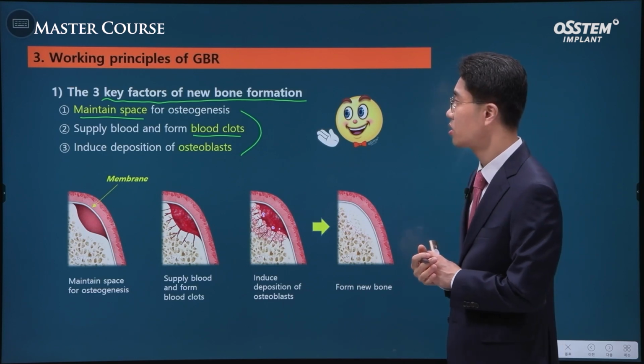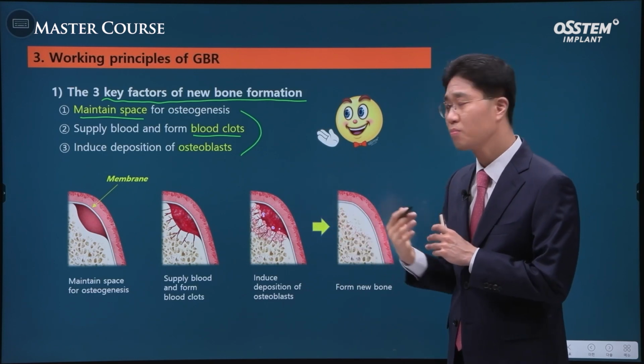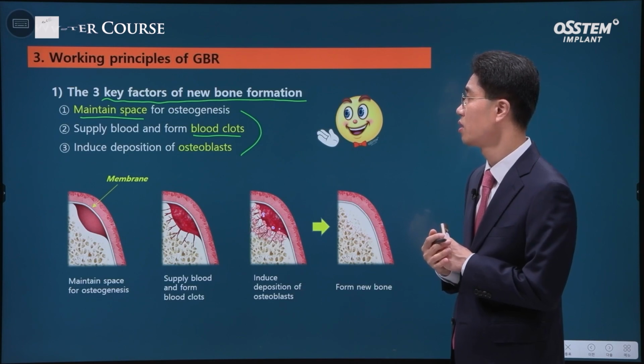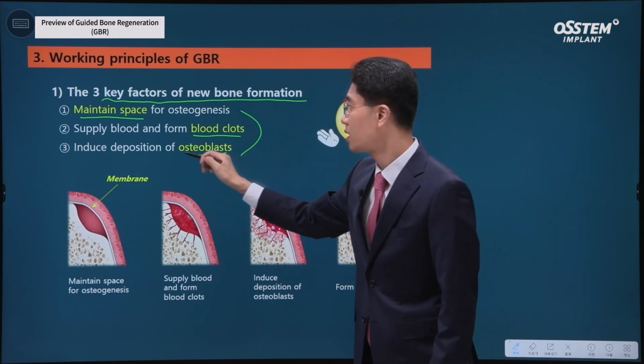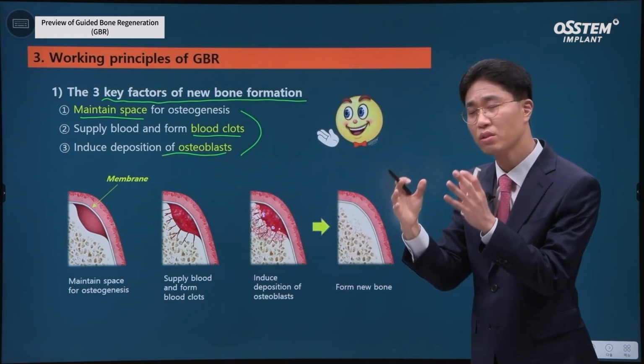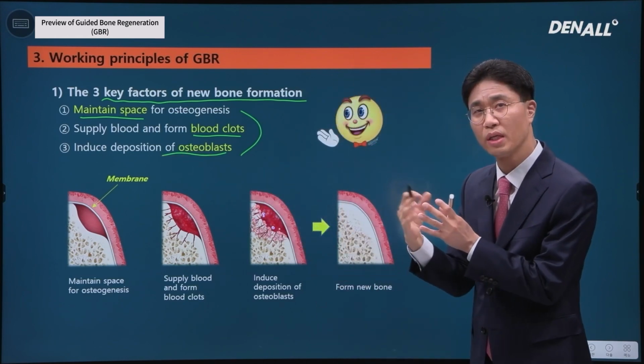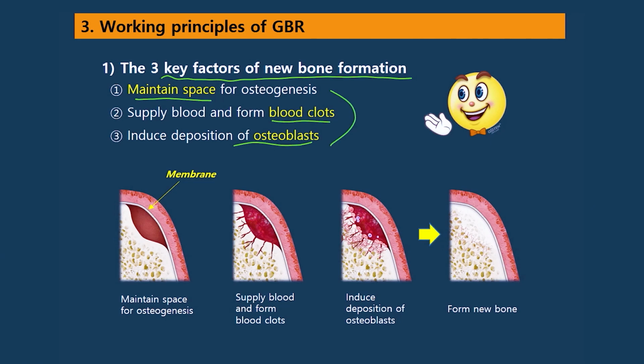In order to do this, there needs to be good blood supply. That is very important. Osteoblasts need to be induced in order to get new bone formation. We need to bear these in mind. We need to think about in what kind of environment we can gain the desired bone regeneration.